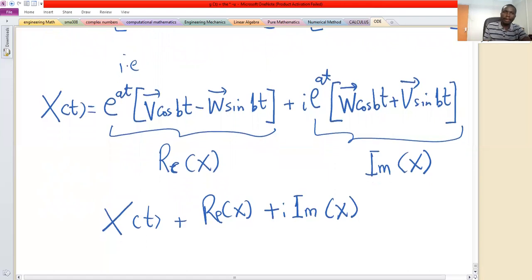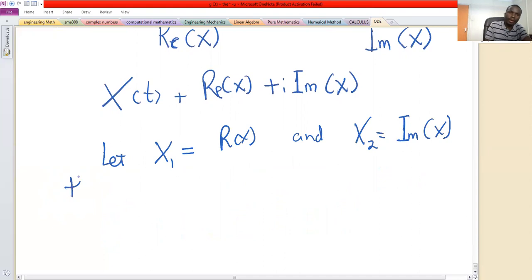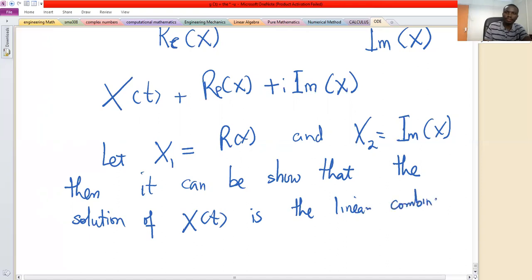So then if we let x1 be the real part of x and x2 be the imaginary part of x, then it can be shown that the solution of x of t is the linear combination of x1 and x2.